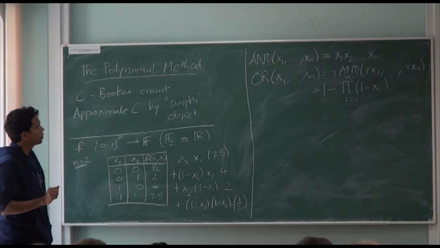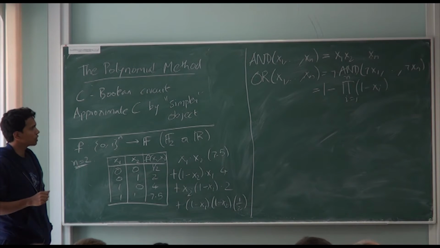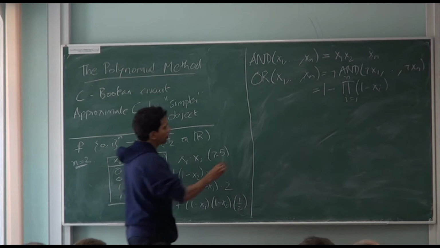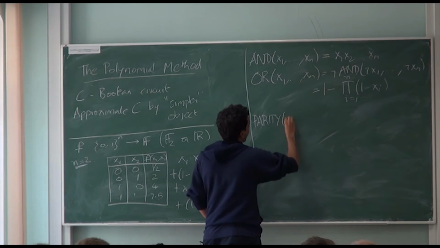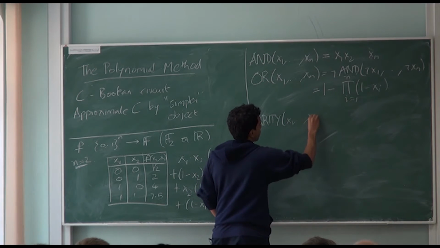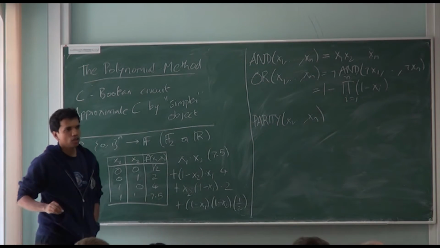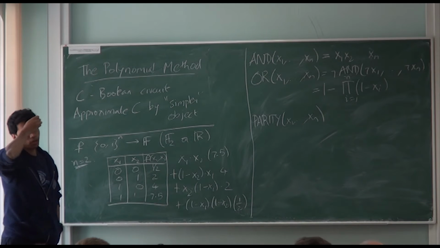Okay, great. So that's the AND and the OR, which are both important functions for us. Let's look at another important function, the parity function. Okay, so how do I write this as a multilinear polynomial?